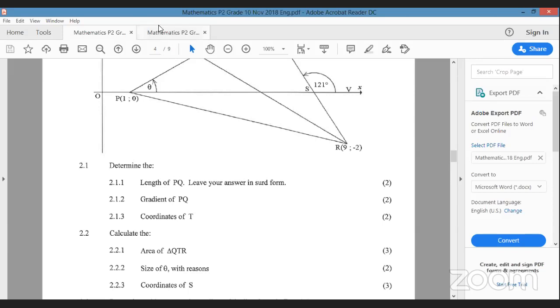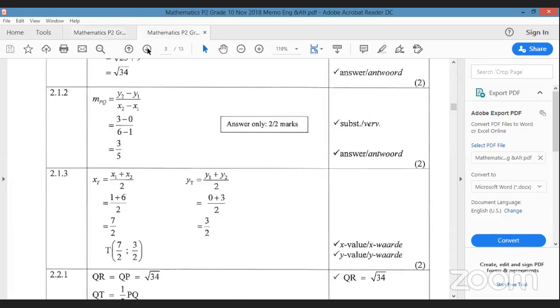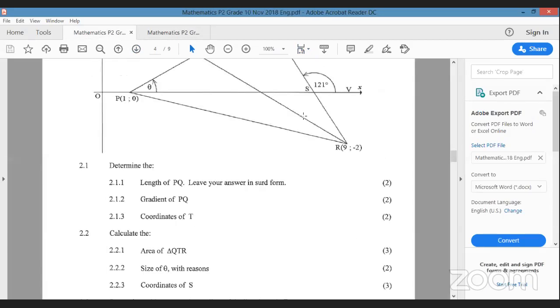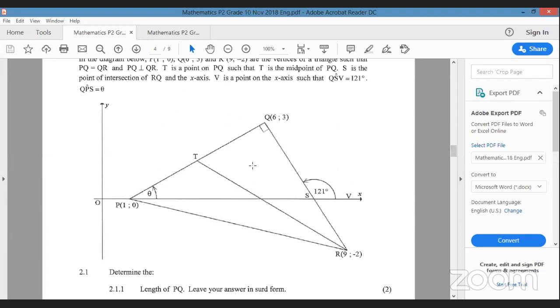So now, if you look here, before we look at the solution, because we're told that this is base and this is height, right? Or you can say this is your base and this will be your height.